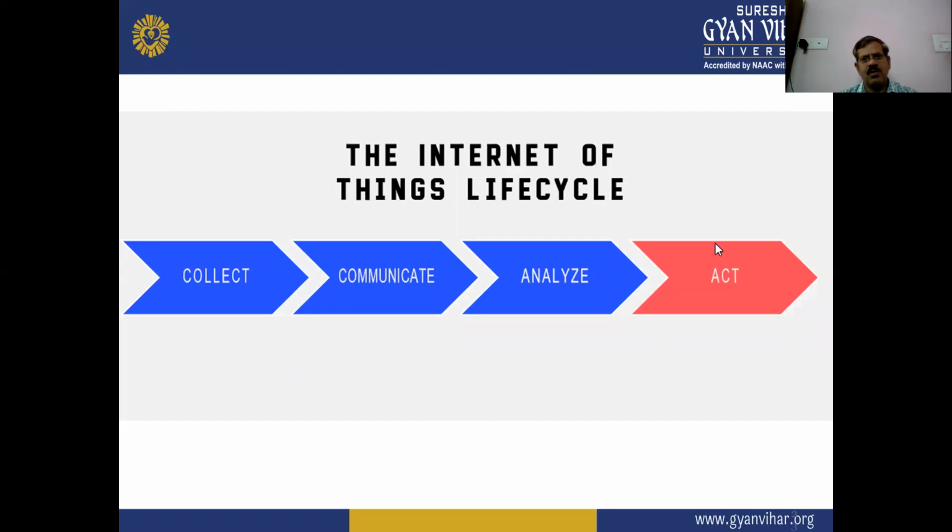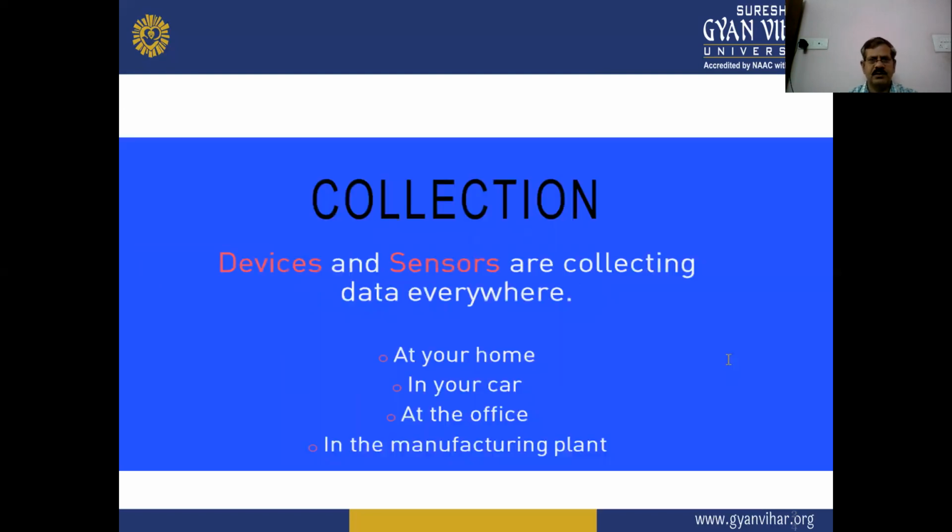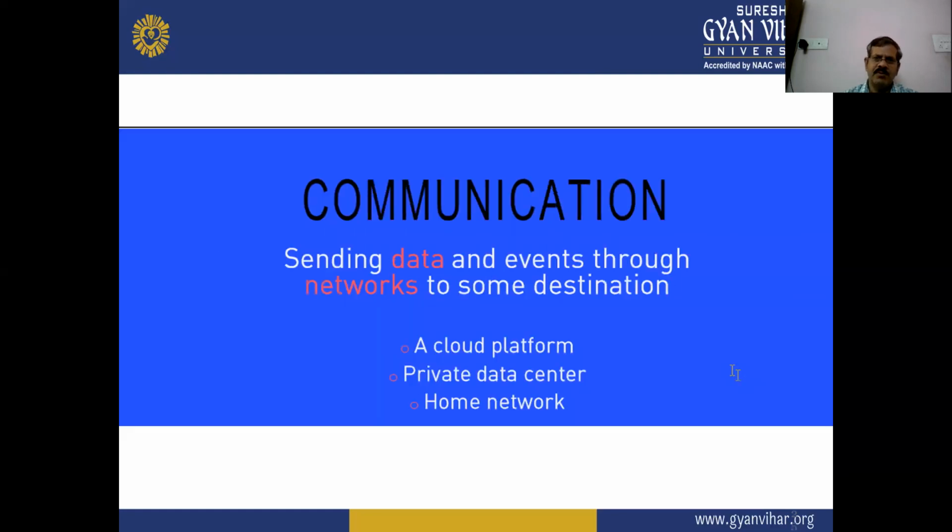So the Internet of Things life cycle: collect the data and communicate, analyze, and act. So this is the Internet of Things life cycle. Collection: devices and sensors are collecting data everywhere, at your home, in your car, at the office, in the manufacturing plant.